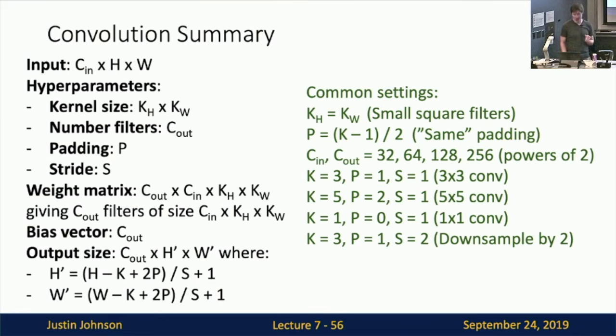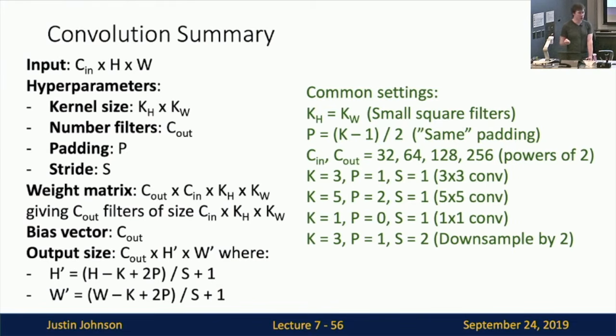Then a couple of very common settings to see with convolutions, because there are a lot of hyperparameters here: it's very common to use square filters. There are some applications where you might see non-square filters. It's very common to use same padding to cause the output to have the same size as the input. And a couple of very common patterns would be a 3 by 3 stride 1 convolution, or a 5 by 5 or 1 by 1 stride 1 convolution.